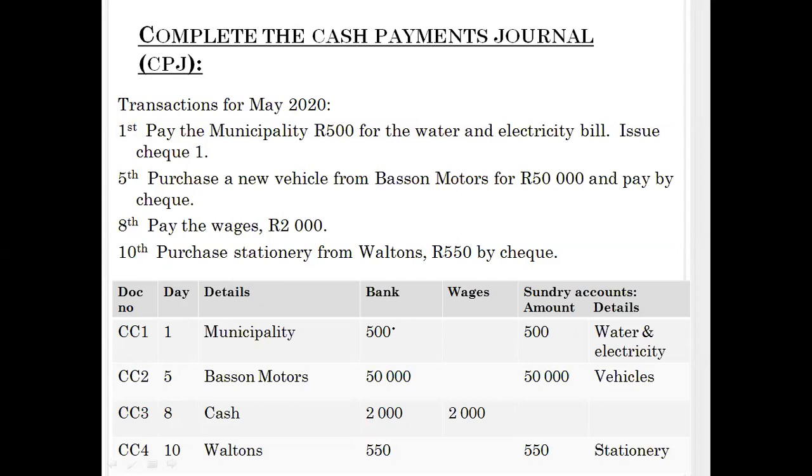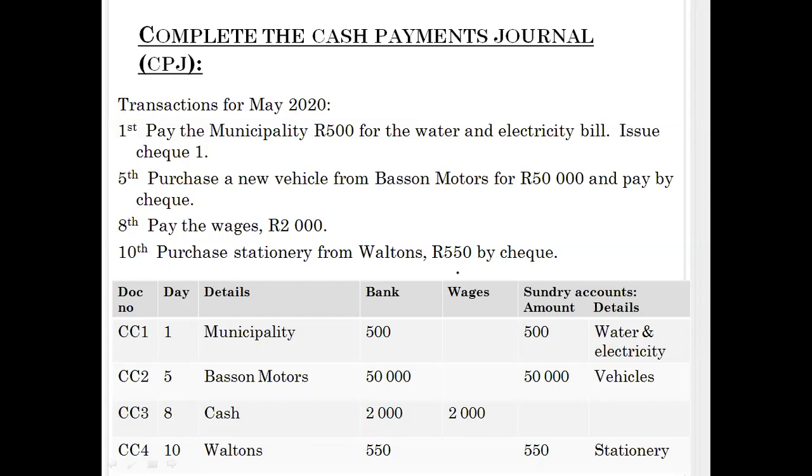For instance, on the 1st, it was bank and water and electricity. On the 5th, it was bank and vehicles. On the 10th, it was bank and stationery. So every time the amount will be in bank and for what the transaction was all about.